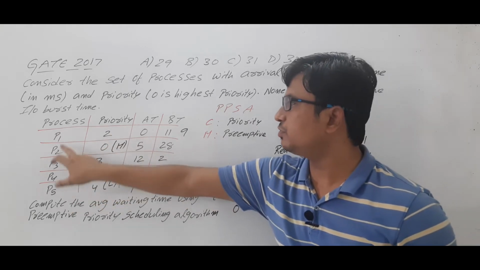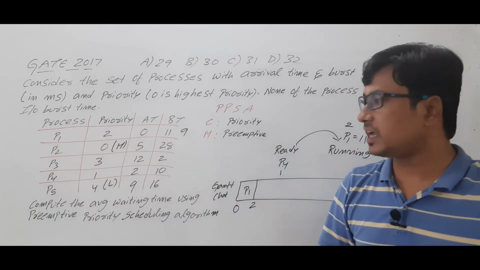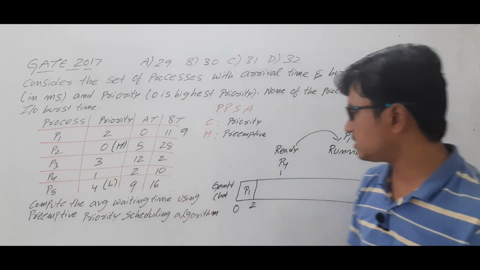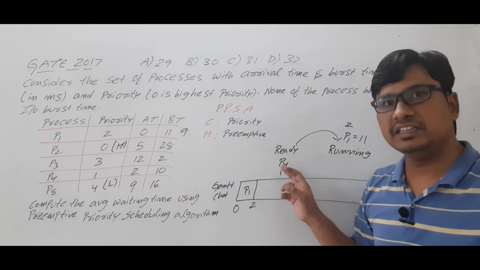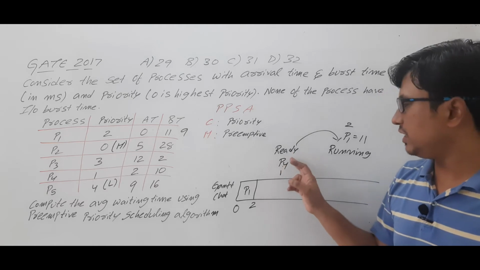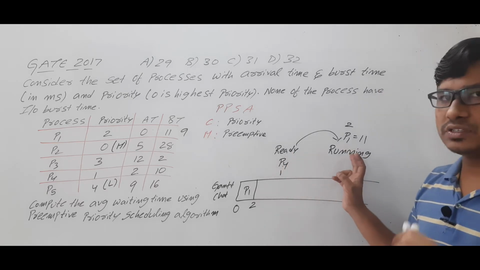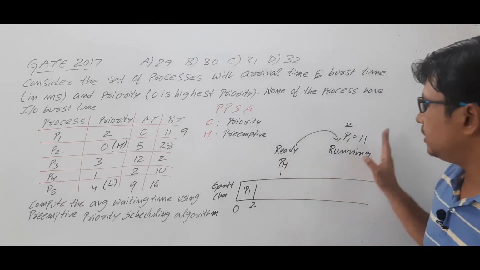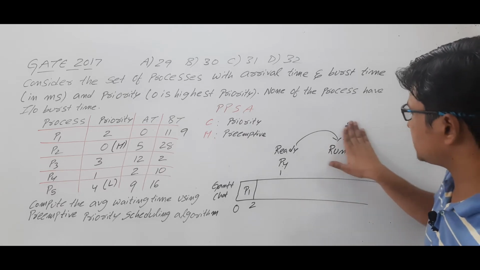So among P4 and P1, which has the highest priority? P4 has the highest priority. So if a highest priority process is waiting in the ready state, then for the process running in the running state, we have to do the context switching.